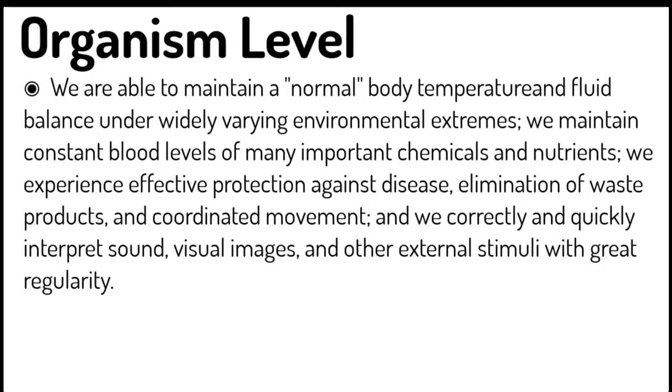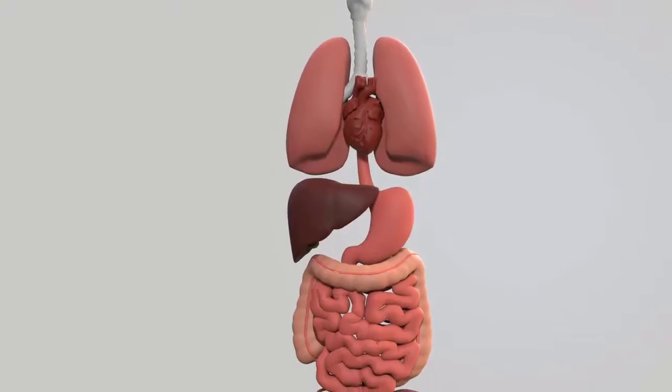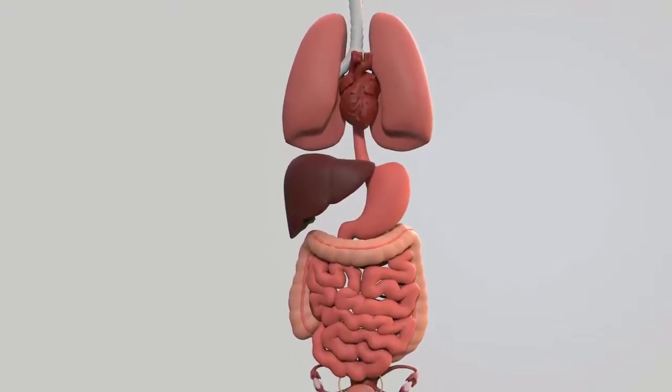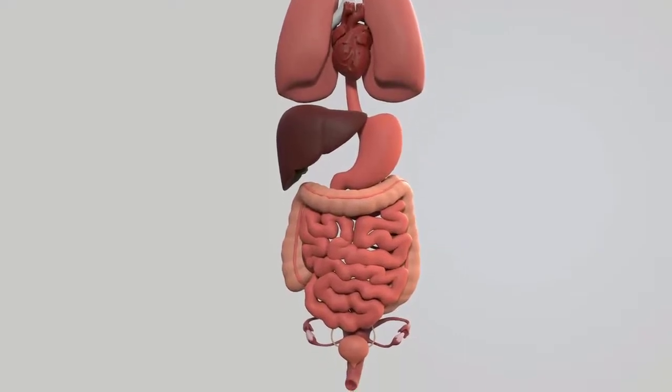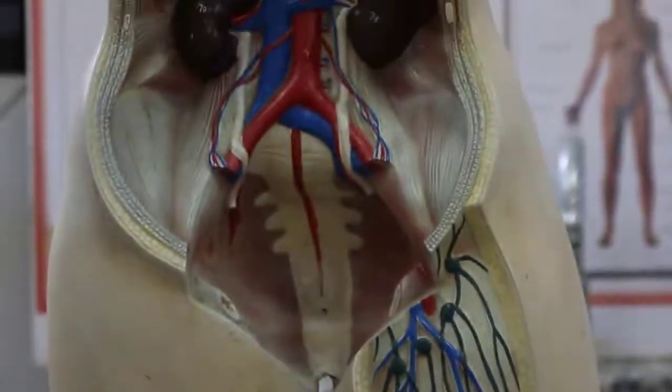We experience effective protection against disease, elimination of waste products, and coordinated movement, and we correctly and quickly interpret sound, visual images, and other external stimuli with great regularity. These are but a few examples of how the different levels of organization in the human organism permit the expression of a characteristic associated with life.